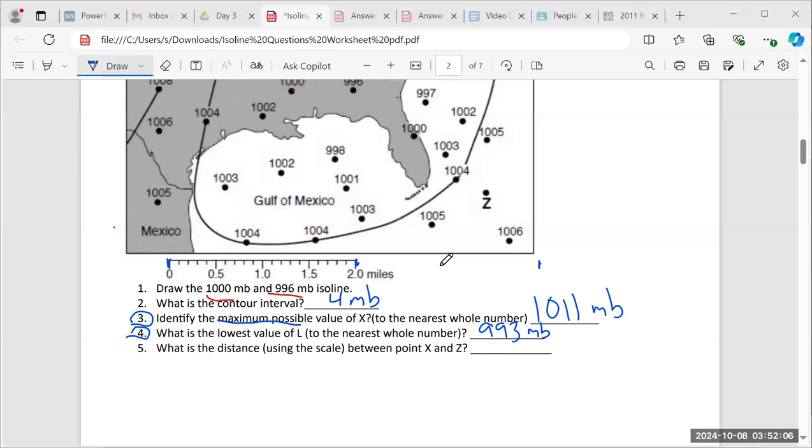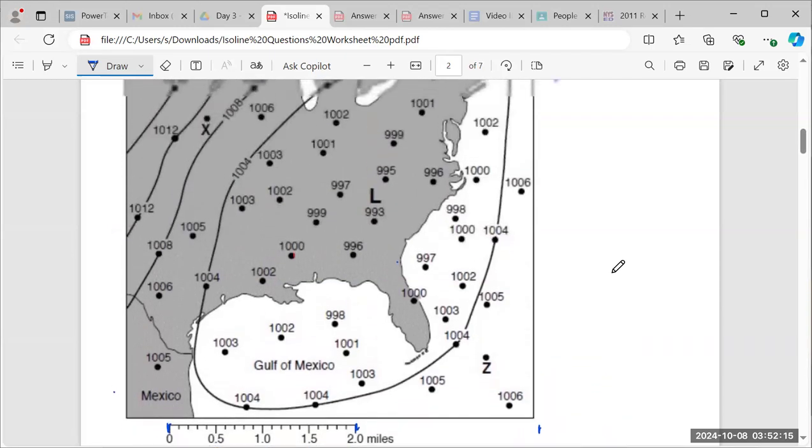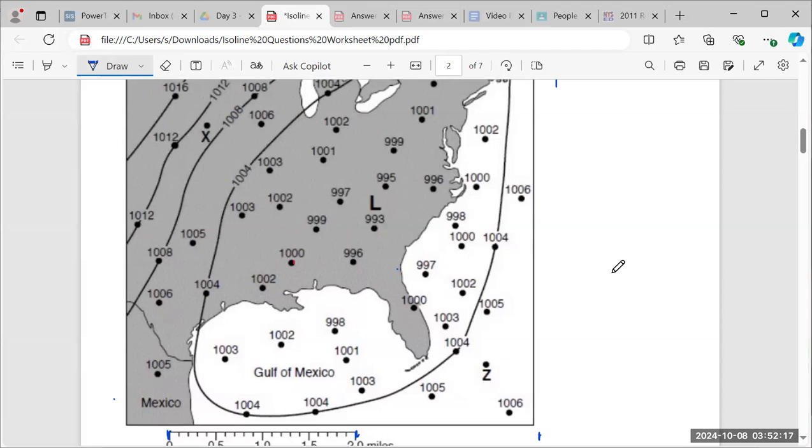So we're going to look at number 5. It says, what is the distance using the scale between point X and Z? When I scroll up, I'm going to find point X, point Z. You can do this using scrap paper. I'm just going to mark my line and have a straight line using your scrap paper.